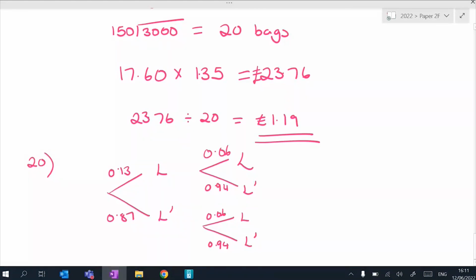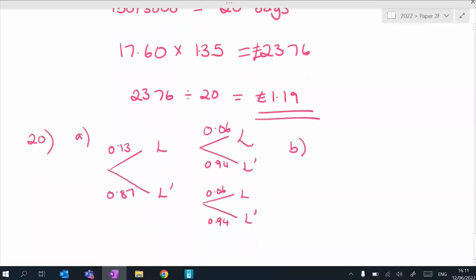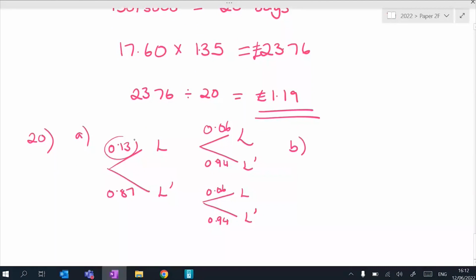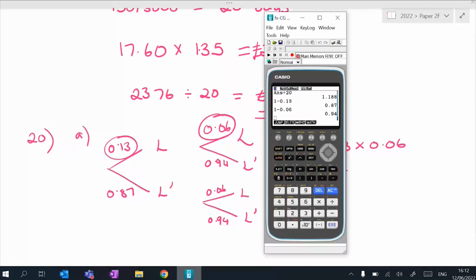Okay, and then our thing that we're trying to work out, so this is part A. Part B, we want the probability that the train to work and the train home will both arrive late. So we want late, late. So we're looking at this one and this one. If you want 2 probabilities and you want 1 and the next one, you should be multiplying them.